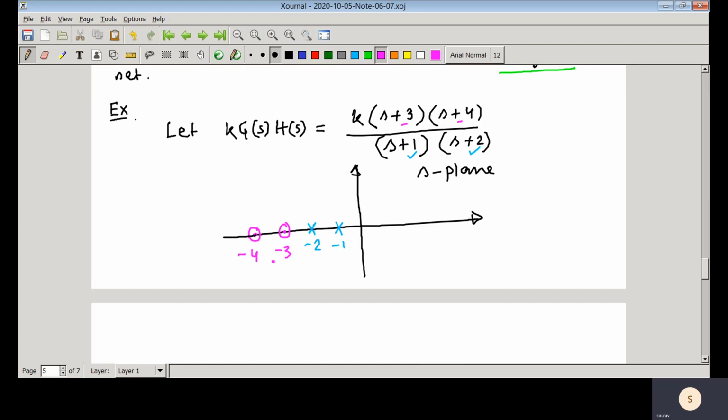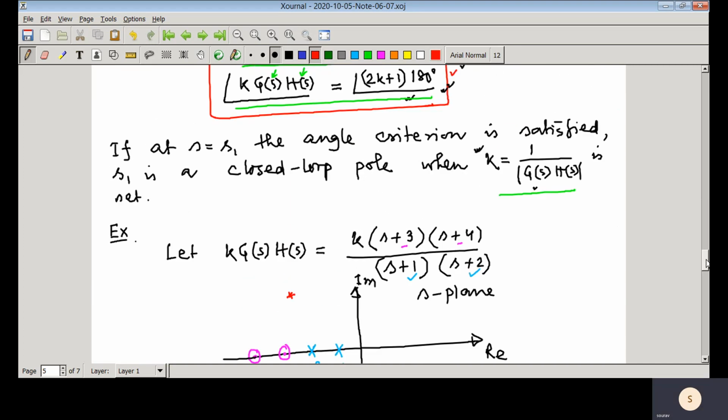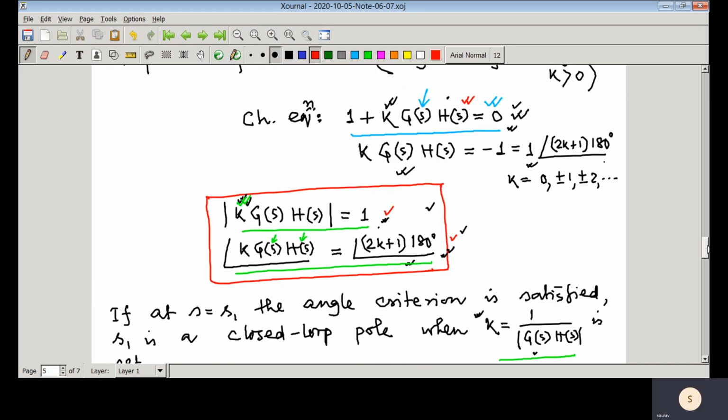So now this is the S plane, and if we take a particular point, suppose this is a point, whether this point would satisfy that characteristic equation or not, because we are interested in finding a value of S so that this characteristic equation is satisfied.